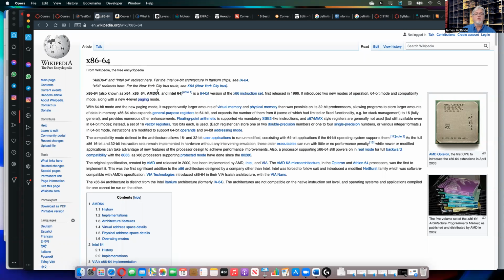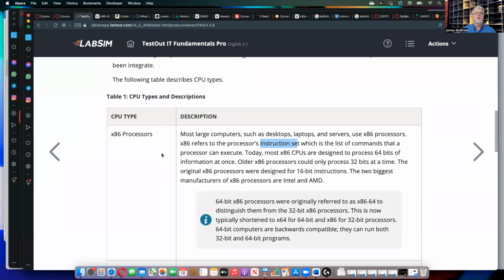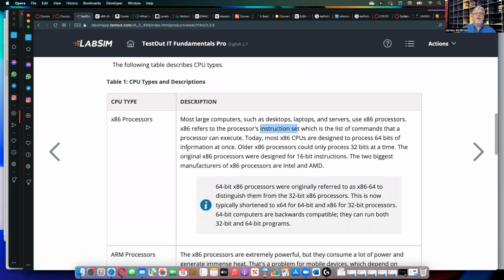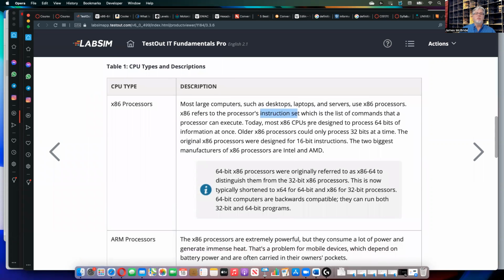If it'll work on AMD 64, it'll work on Intel 64, and vice versa, unless their website states otherwise. And so that is the architecture. What's in the CPU? The architecture of it. So they're just telling you, hey, most of these CPUs are designed for 64 bits, but the older x86 were 32 bits.